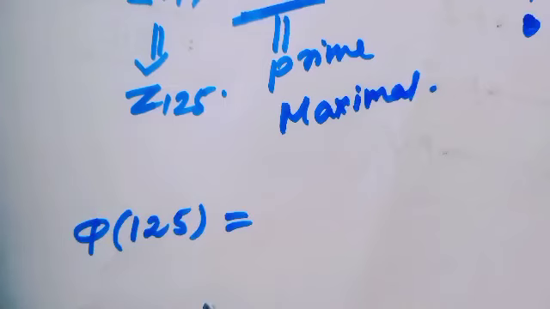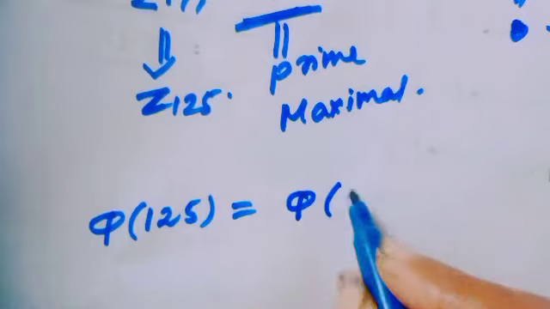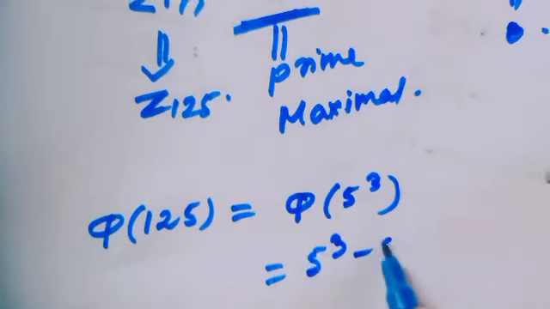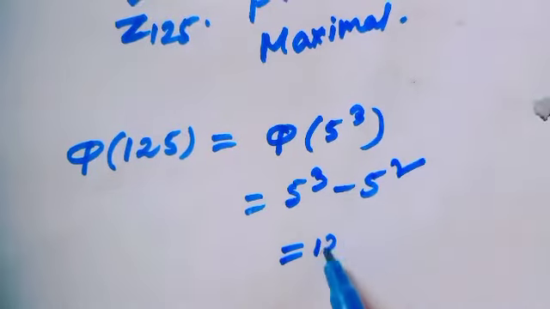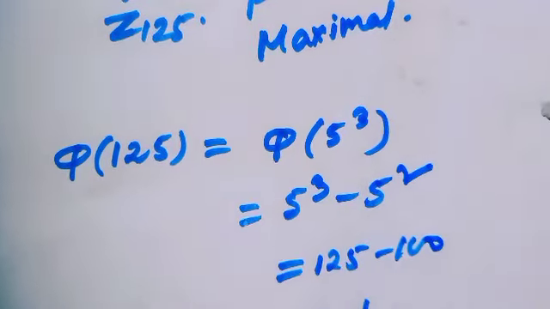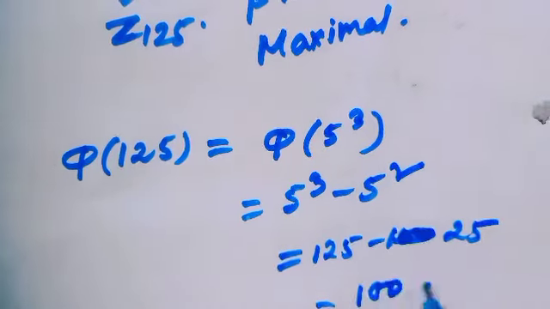Okay? We all know the number of units of Z125 is denoted φ(125), which equals 5³ minus 5², which is 125 minus 25, so this value would be 100.